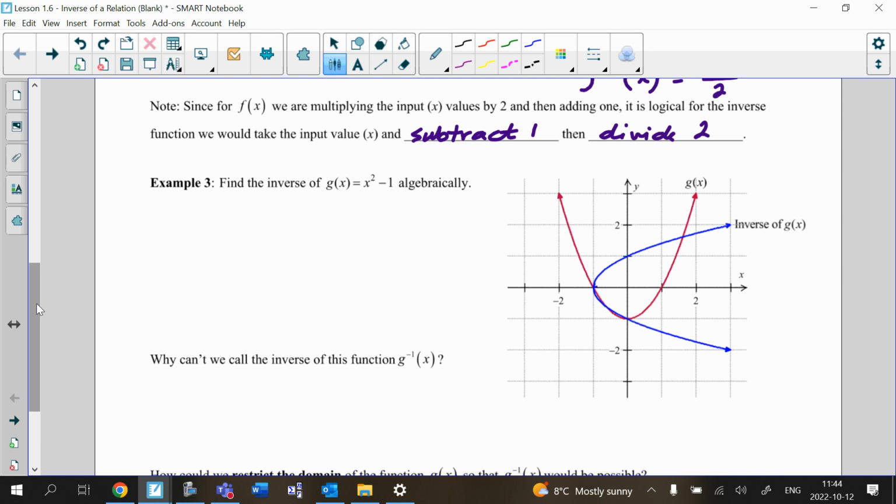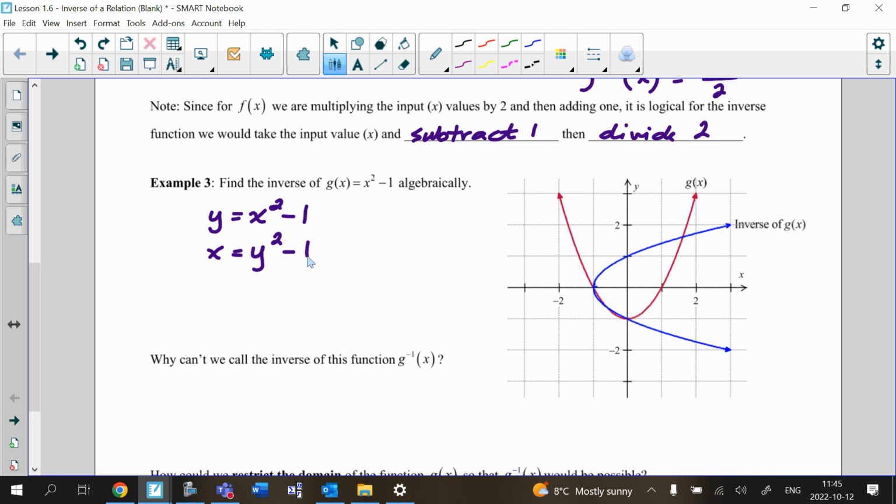Now to find the inverse, switch the x and y. And now you've got to get y by itself. Add 1 to both sides. Ooh, how do I get rid of the squared?